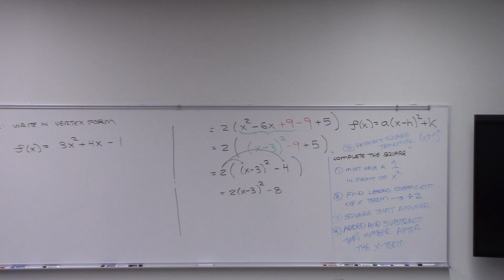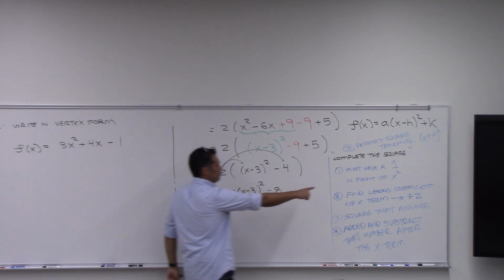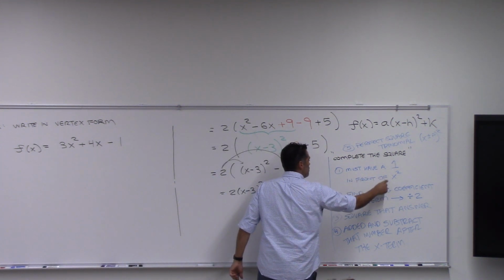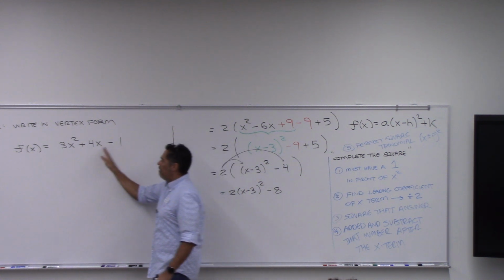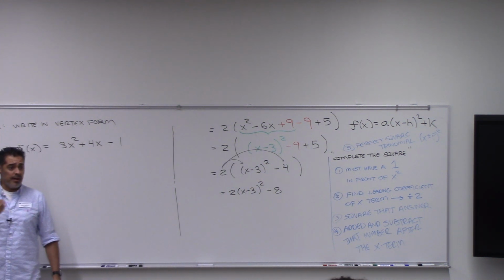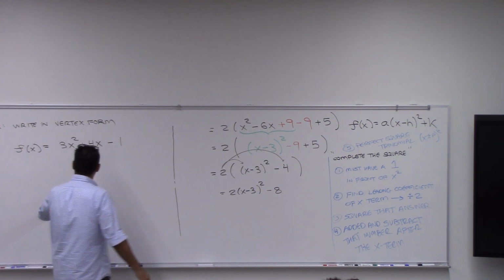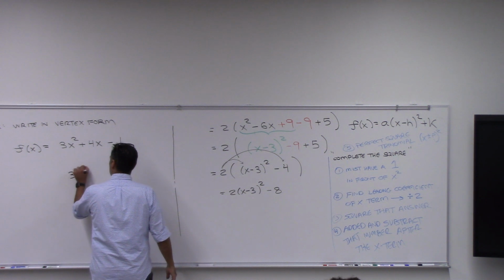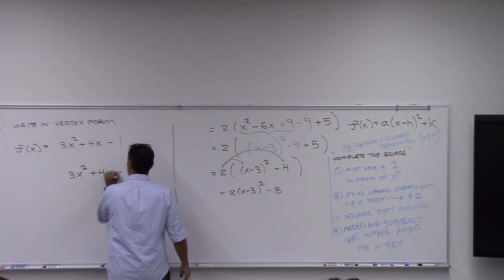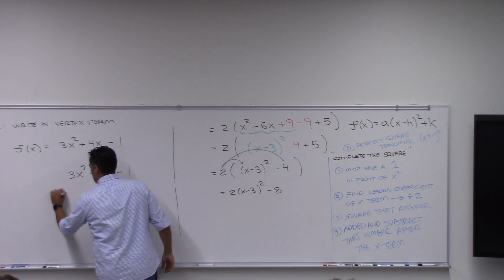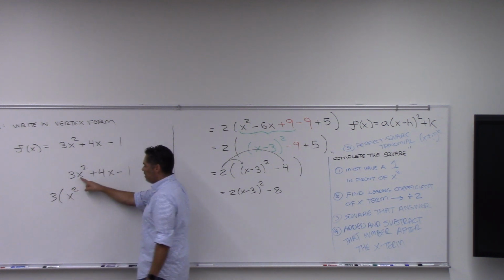What's the first step? Factor out the 3, so that we have a 1. We need a 1, right? So I'm going to pull a 3. But wait a minute, hold on. We don't have 3s here, right? Like we can't pull a 3? Or can we? Can you pull a 3 out of all 3 of those? We can pull a 3 out of the first one, can't you?